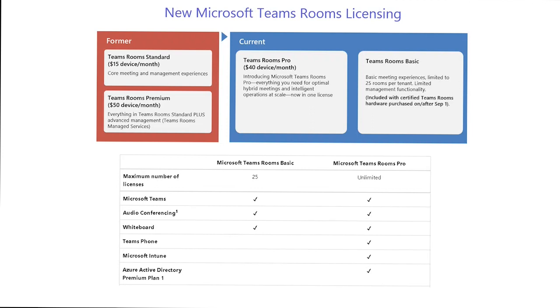With Teams Room Premium, your offering was the management portal, the Teams Room Premium portal, and that support side was a difficult conversation. Where does Microsoft support live, where does the partner support live, and what is the responsibility on the end user side? And with Standard and Premium, you really got the same feature set.